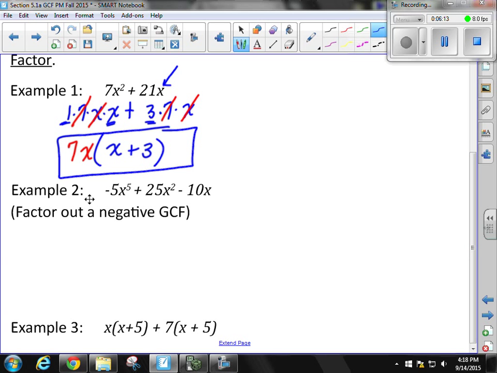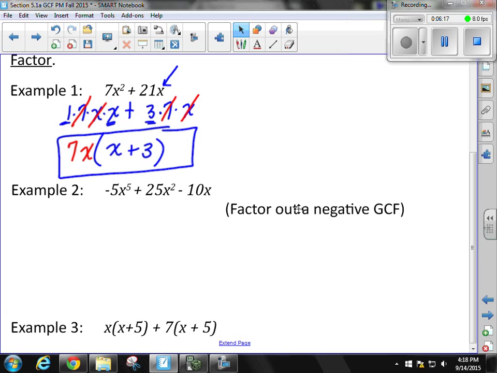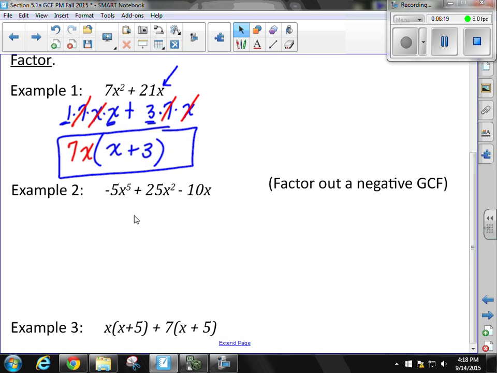Now in example 2, we're given a little hint here to factor out the negative common factor. So when I factor, I'm going to factor out a negative sign. When I look at my first term, negative 5x squared, well, negative 5 is prime, so I'm going to leave that alone. I look for the smallest number of x's that I have, and that's x.